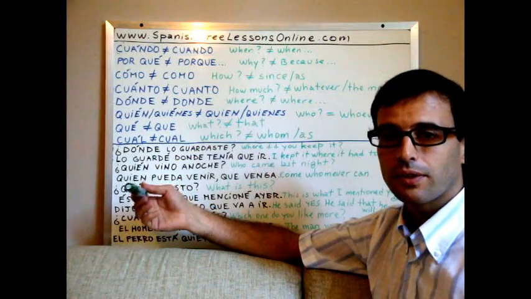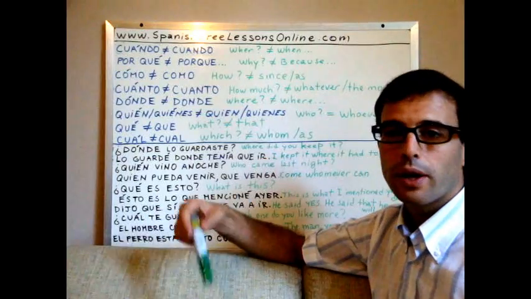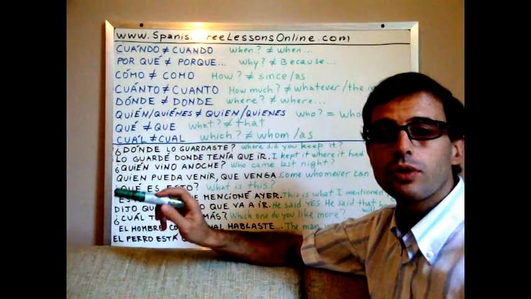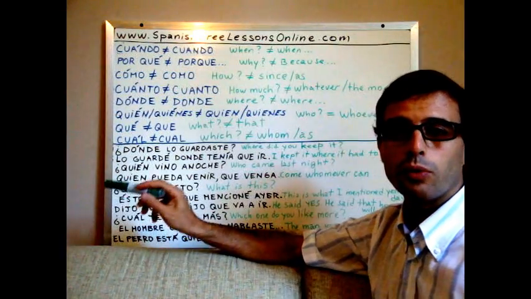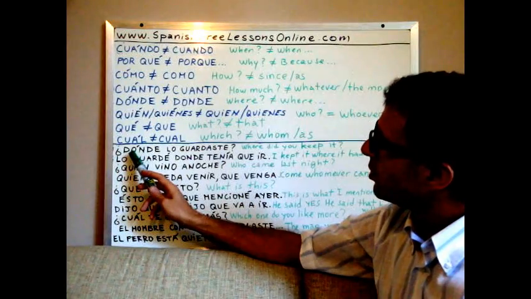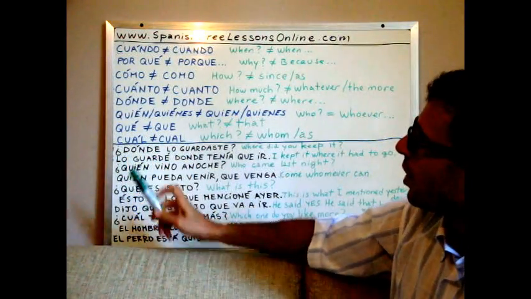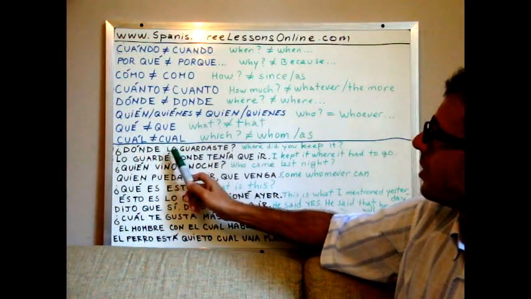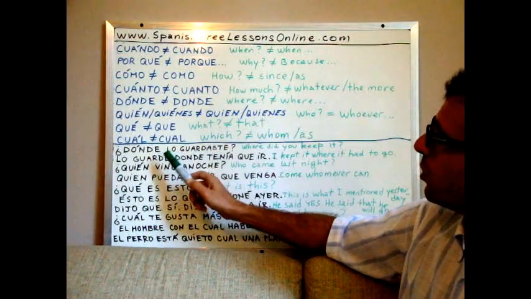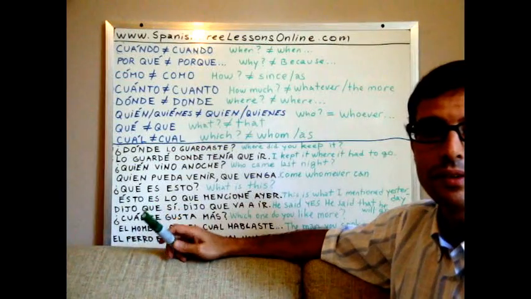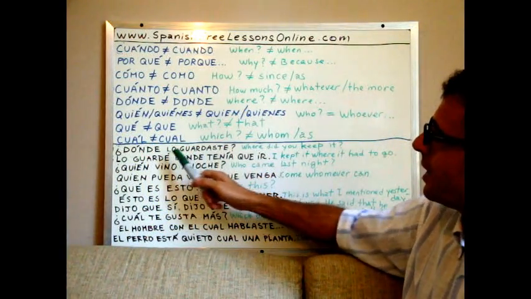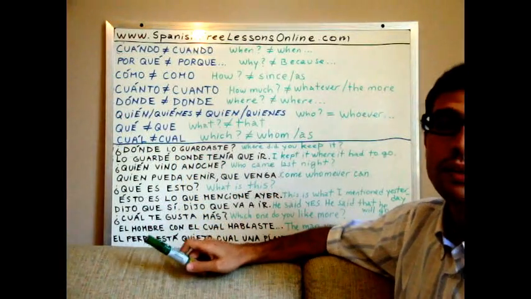We are mainly inquiring something, because sometimes the sentence may not be a question, but still the word can imply an inquisition, right? So, ¿dónde lo guardaste? Where did you keep it? Here the word lo means it. Guardaste is did you keep.